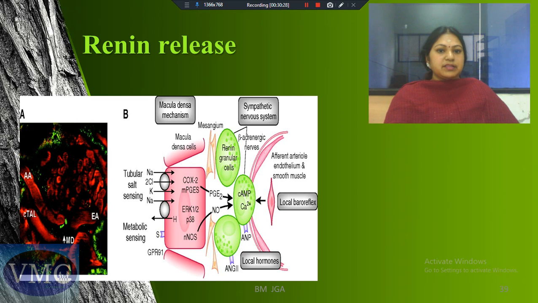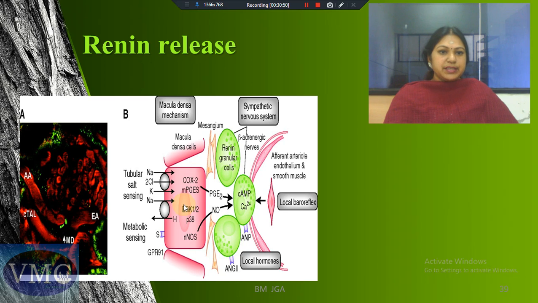So you have the sympathetic nervous system here. In this picture, you can see the sympathetic nervous system can also activate the juxtaglomerular cells to secrete your renin, as well as the local hormones, and angiotensin 2 can also cause secretion of renin.